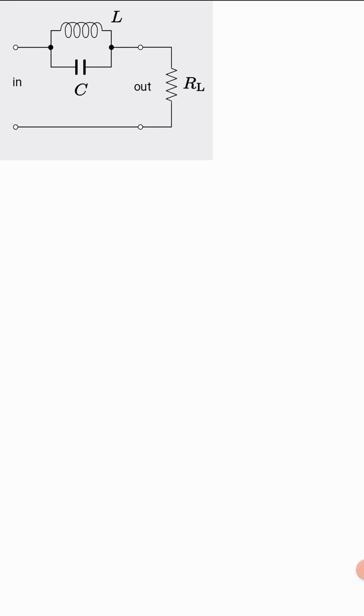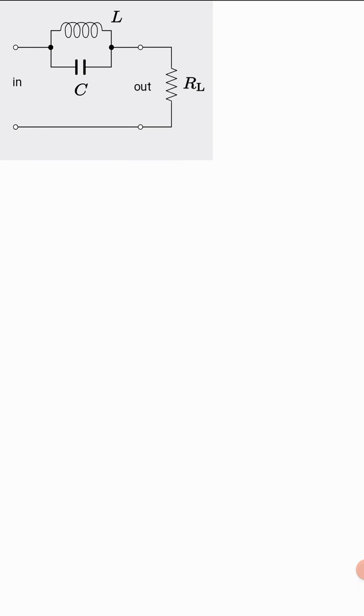So now there are many things we can analyze for this circuit. First is the voltage, the current and the impedance. So you have V in, you have V out, so you actually can calculate all these voltages.